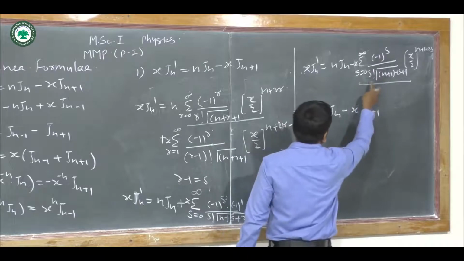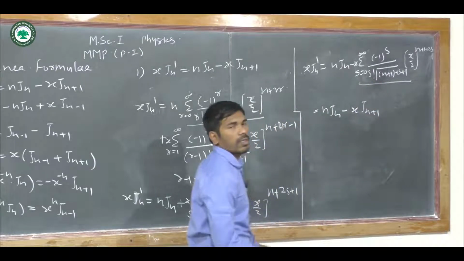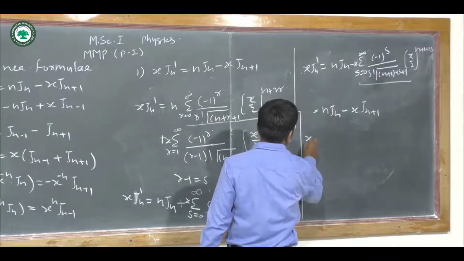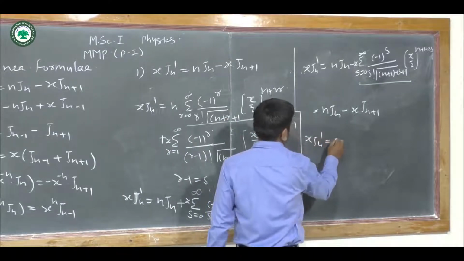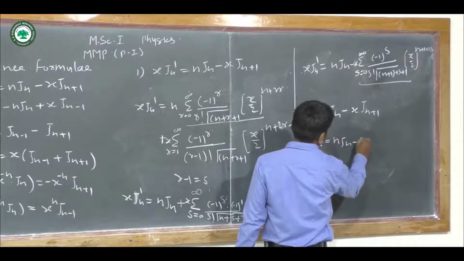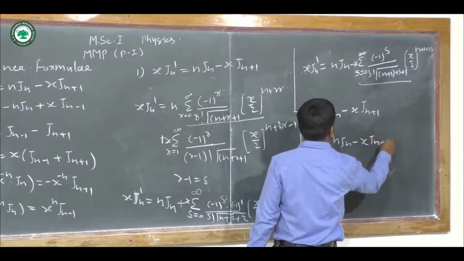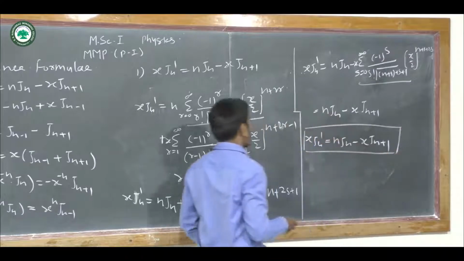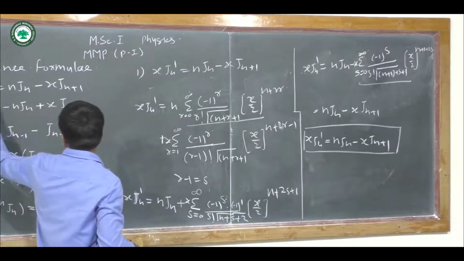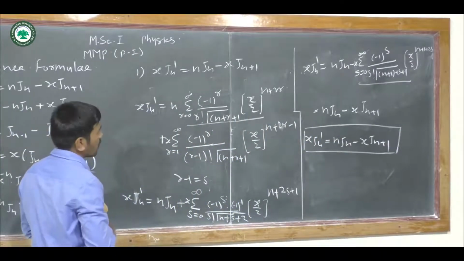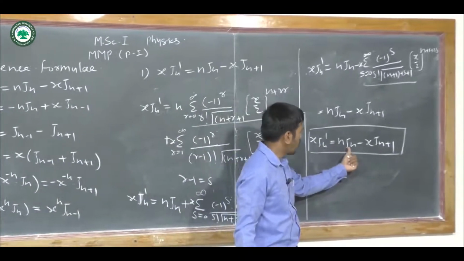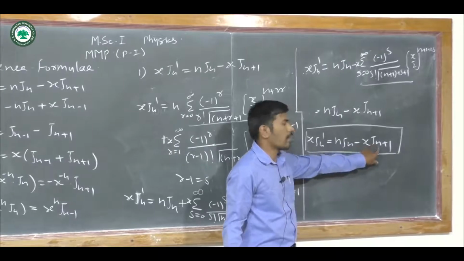So this is the first formula, that is x Jn prime is equal to n into Jn minus x Jn plus 1. This is the first recurrence relation.